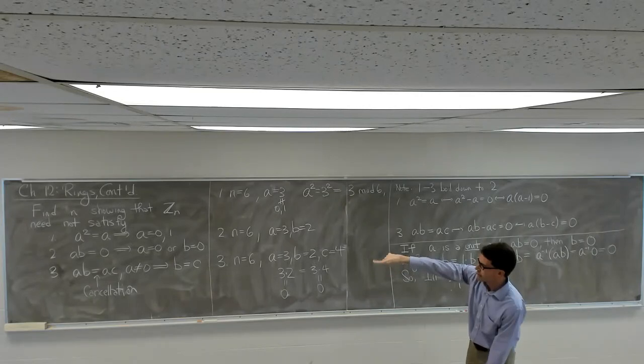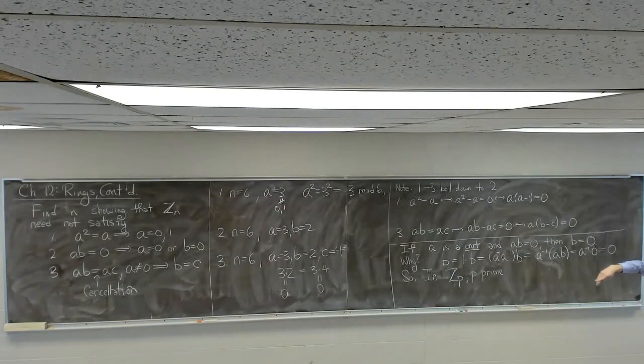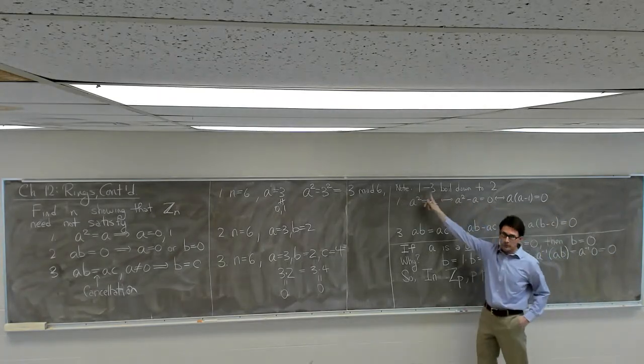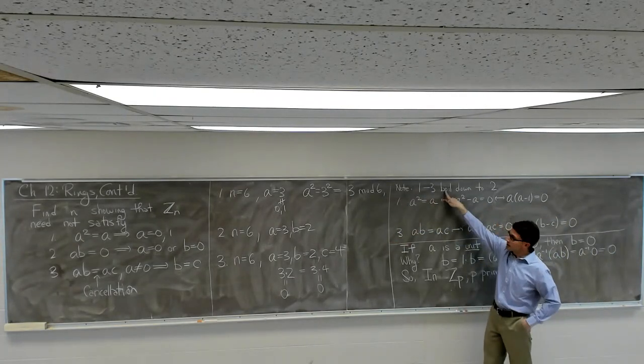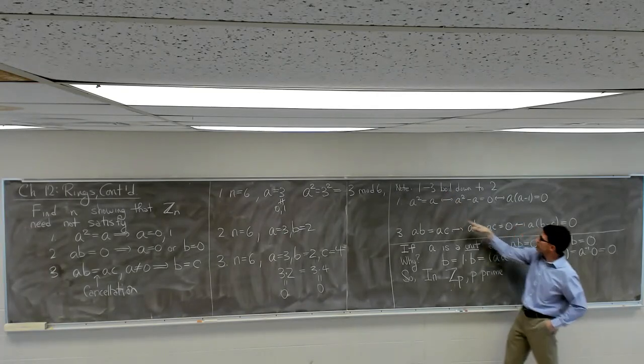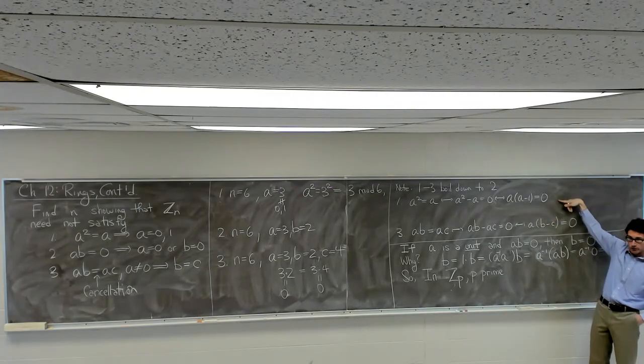Right, so statements 1 through 3, in fact, will hold, right? Okay, so here we showed that 1 through 3 do not hold in general. And we also observed here that 1 through 3 really, in the end, boil down to a product of this form, right? Something times something being equal to 0.